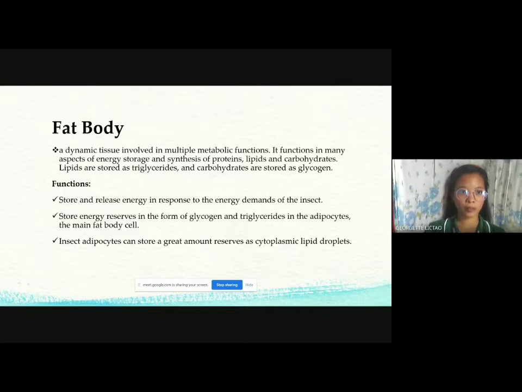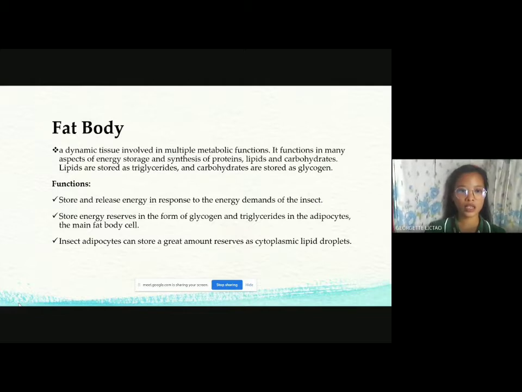Functions: store and release energy in response to the energy demands of insects. Dito naiipon at re-release yung energy. Then, store energy reserves in the form of glycogen and triglycerides in the adipocytes, which is the main fat body cell.